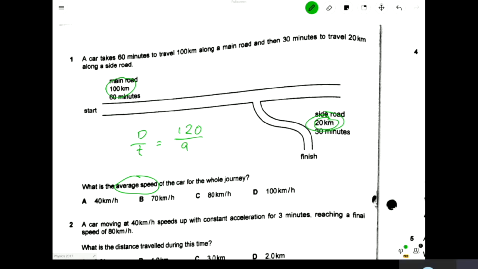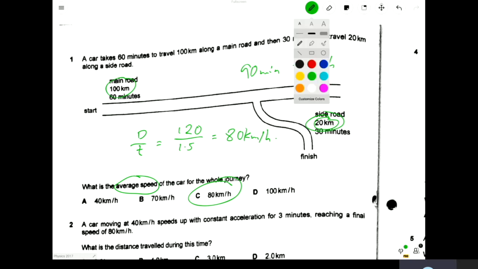That's 90 minutes, but we need to convert to hours. 90 minutes is the same as 1.5 hours. So 120 divided by 1.5, we will get 80 km per hour. So the answer is C.